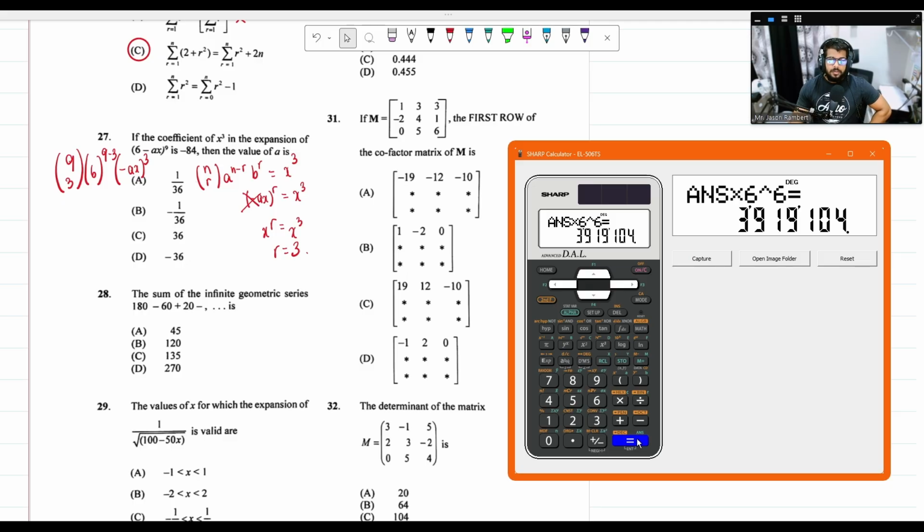Now, this is multiplied by minus a cubed is equal to minus 84. So I'm going to ignore the minuses, because when I divide both sides by minus 84, I get a plus. I divide it by 84, and then I find the cube root of the fraction. So when I cube root this, it's going to be 1 over 36, which is a.